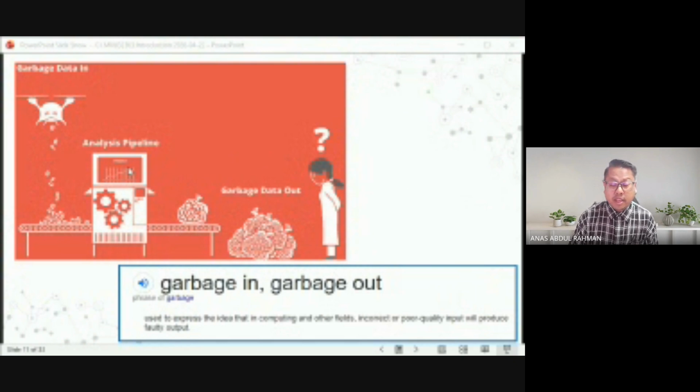So if the user doesn't know what he or she is doing, so the input is garbage, meaning just a compilation or a set of data that doesn't make any sense to the user, then the output from the software is going to be garbage as well. So that's the importance of understanding the term garbage in, garbage out. The tools are only as accurate as the experience or the knowledge of the user. Okay.